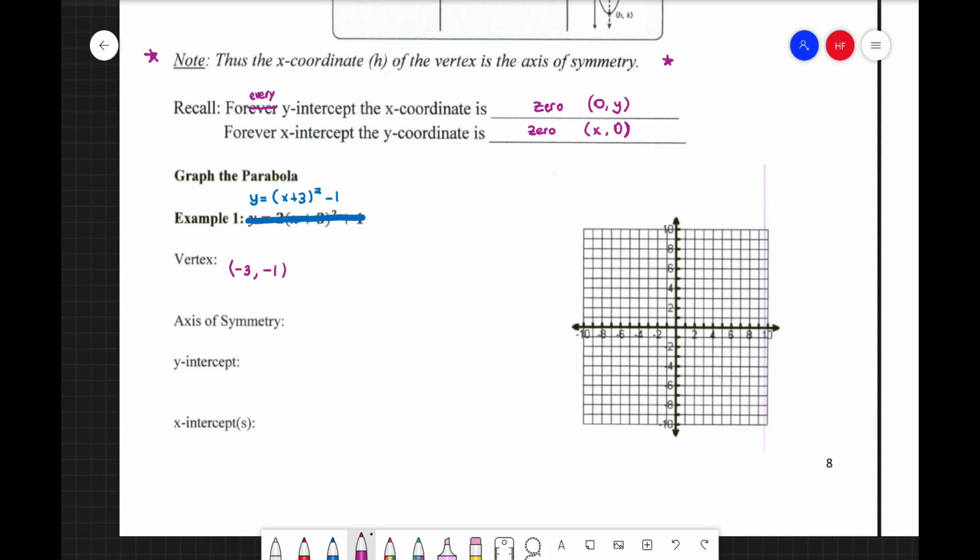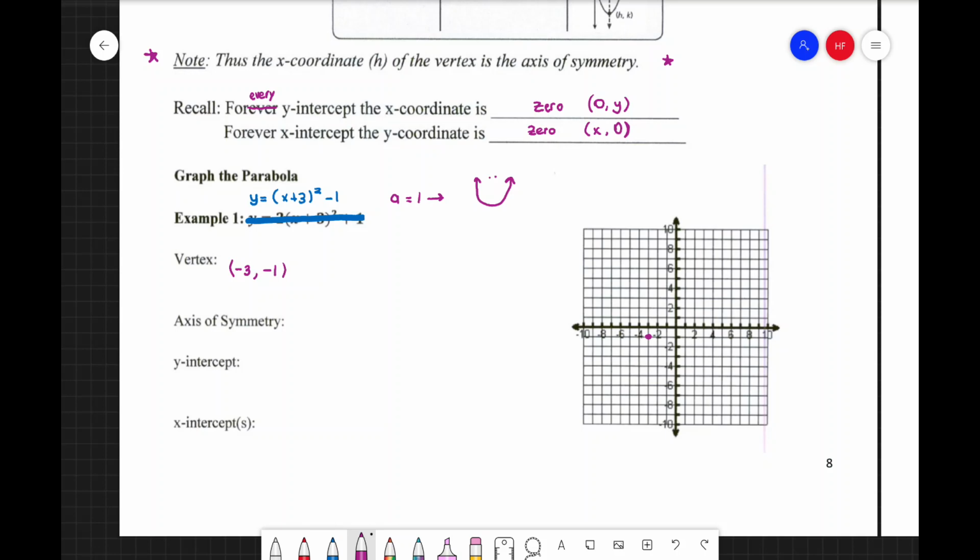So we're going to graph our vertex, and it is (-3, -1). My a value is 1, which is a whole number. So since a equals 1, that means I'm a happy parabola and I'm opening up.